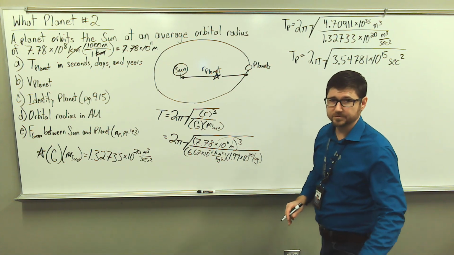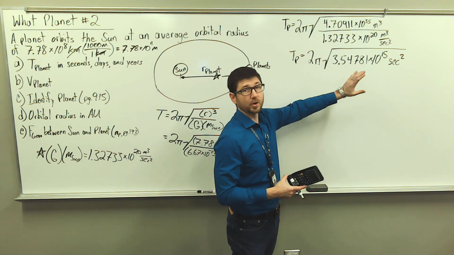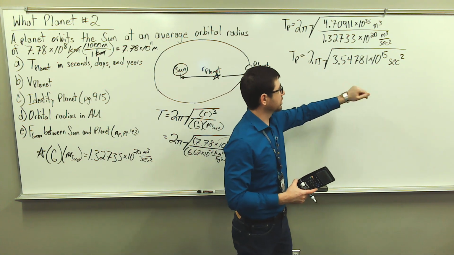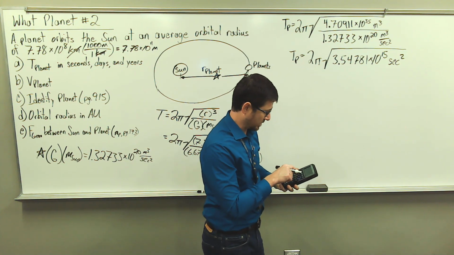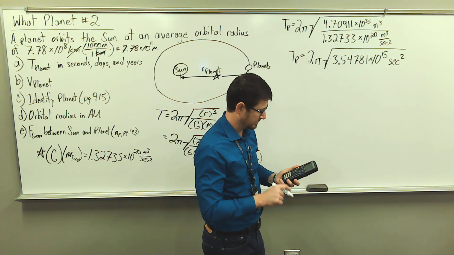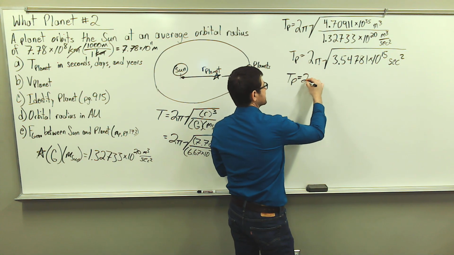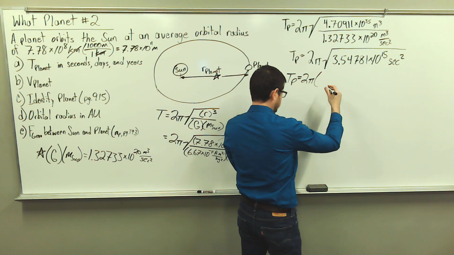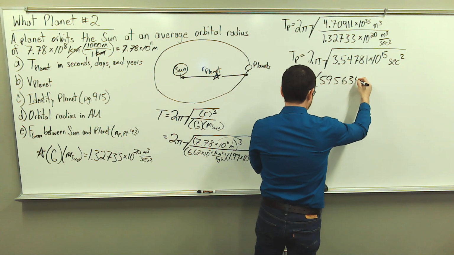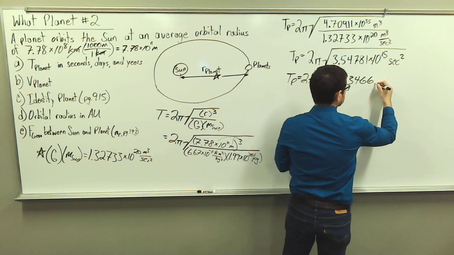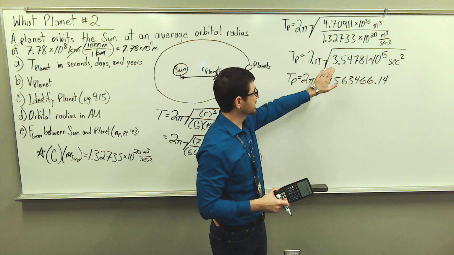Now what we need to do next is go ahead and take the square root of not only the numerical value, but remember we have to take the square root of the unit value too. So let's go ahead and do that. So I have orbital time period of our unknown planet is equal to 2 pi times... okay, so we've taken the square root of the numerical value.